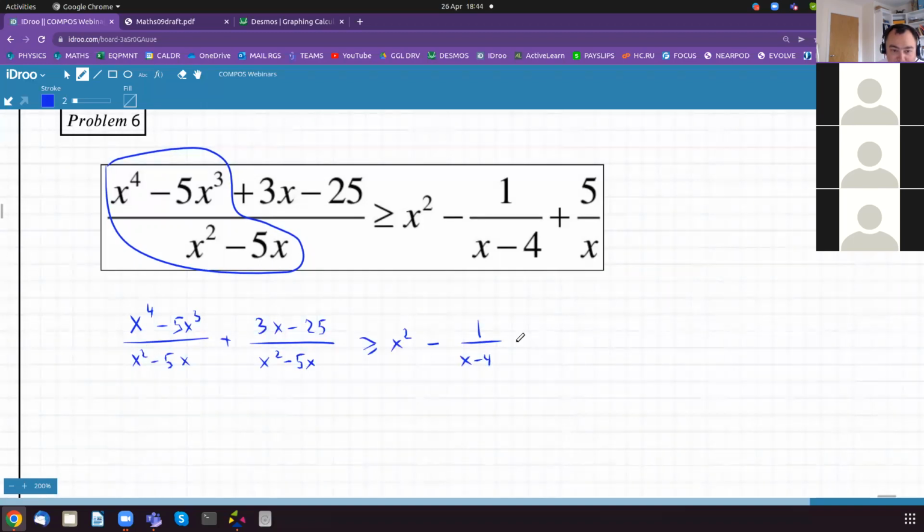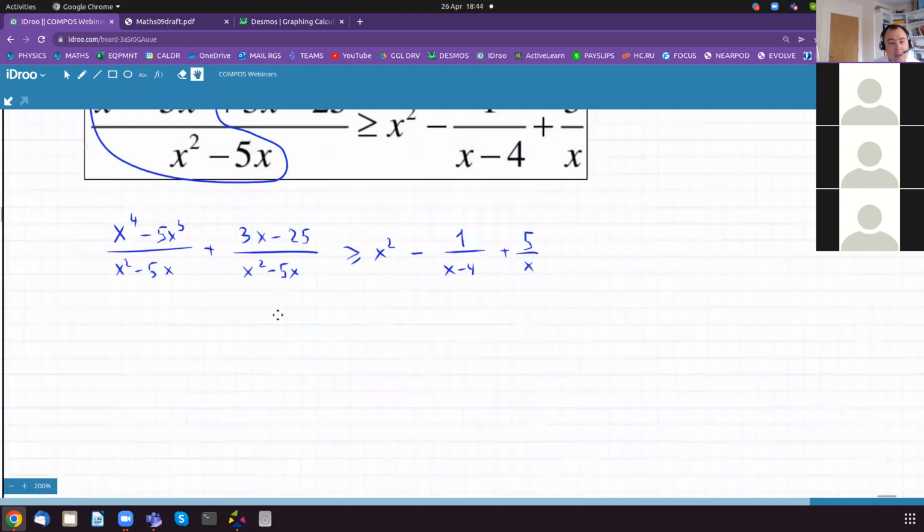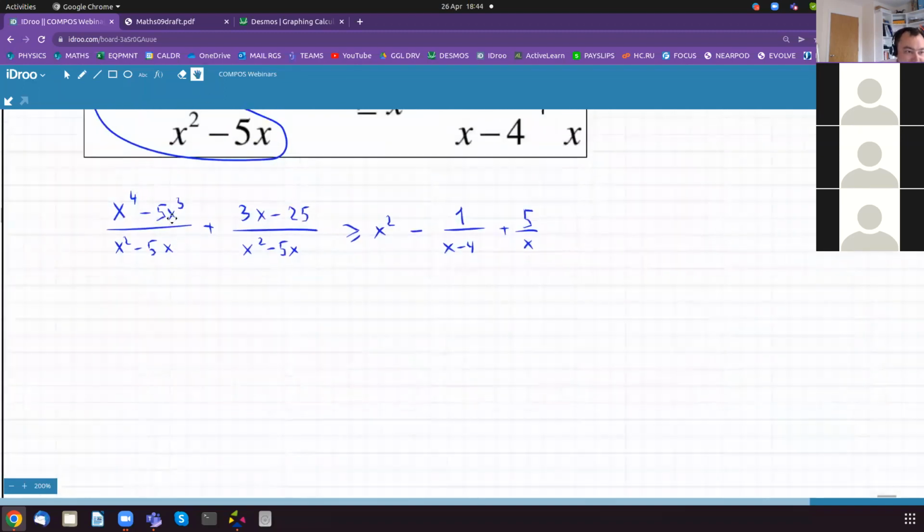I'm not going to do anything with this side for now. But look, if I take x squared out here, I'm just going to do it. I don't want to copy it. x squared. I'm left with x squared minus x, no cube. That's exactly that. Now, am I allowed to simplify this fraction?